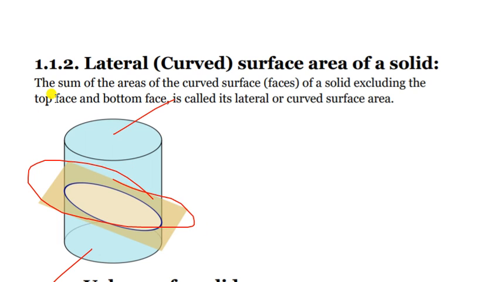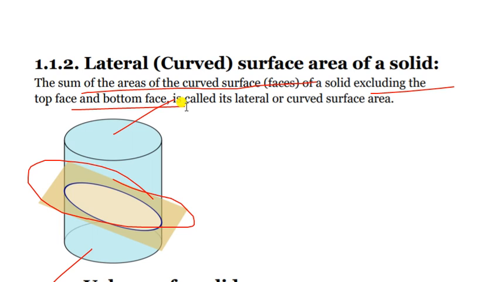So it is written: the sum of the areas of the curved surface of a solid, excluding the top face and bottom face. Remember that. For total surface area, you have to take the top face, the bottom face, and the curved face also.